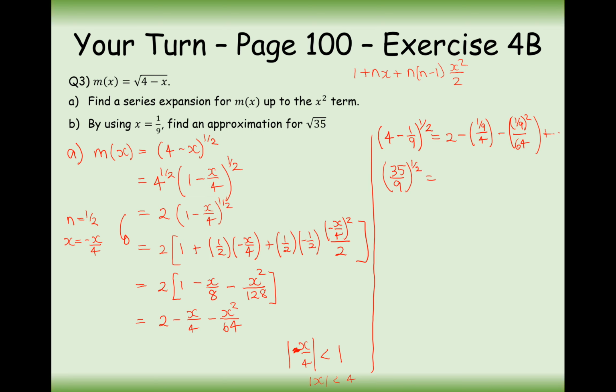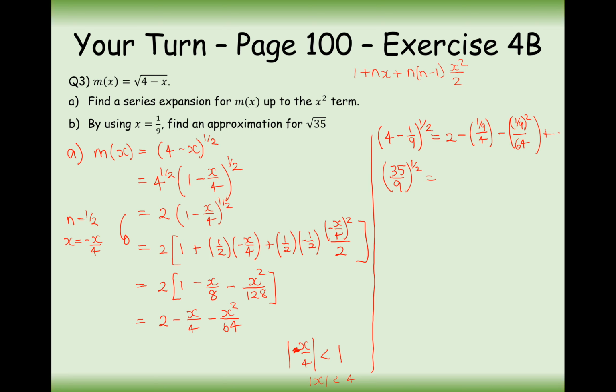And this is going to be equal, I'm going to do this all on the calculator now, so I'm going to type in 1/9. And then I'm going to use 1/9 as the answer value and calculate this expression here. So it's going to be 2 minus answer value over 4.